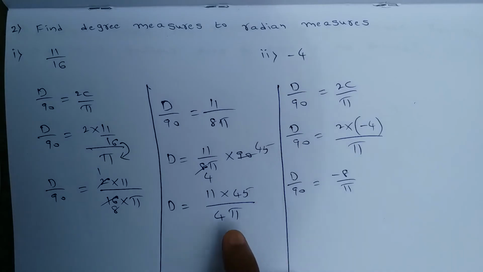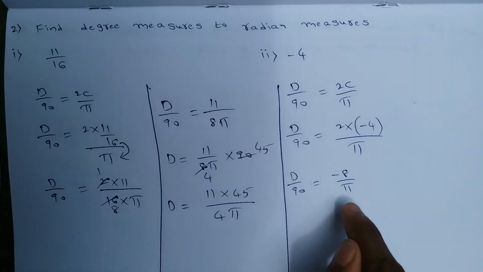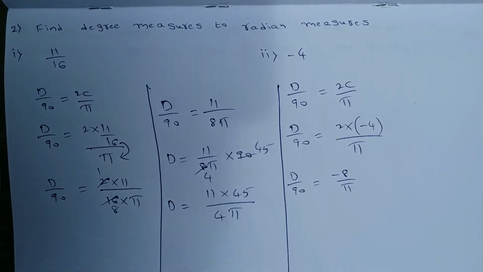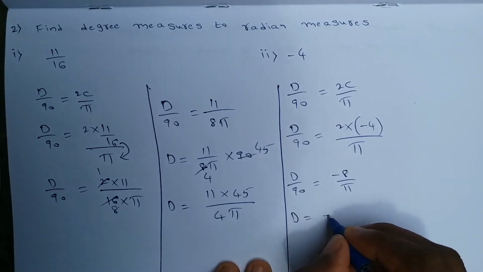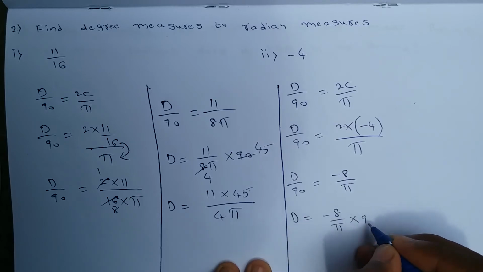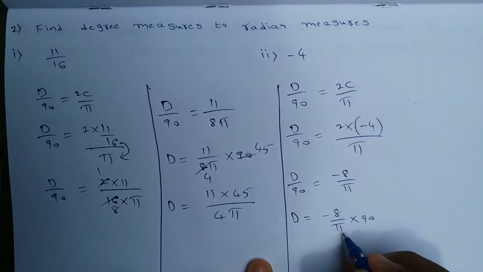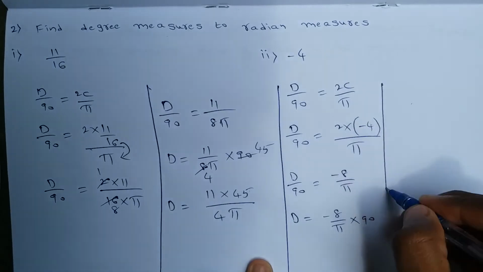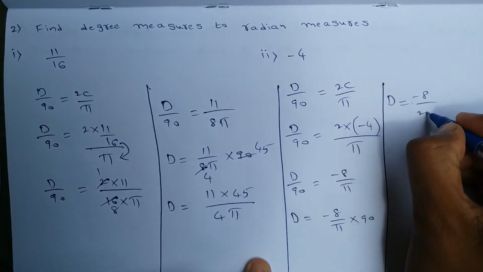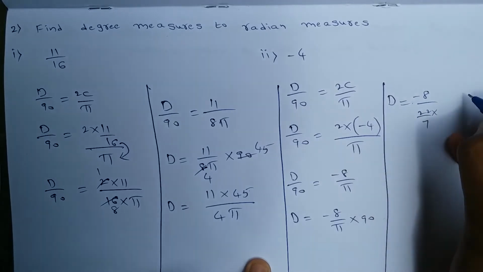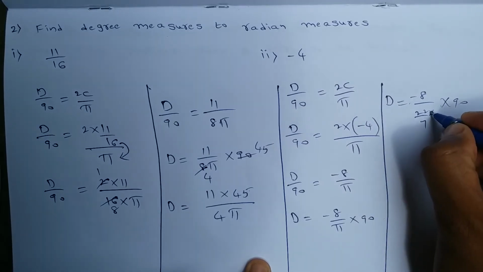Now, in the previous problem, I didn't take the pi value as 22 by 7. Now I am substituting the pi value here. Let me check that also now. This 90 also I will take to that side. D is equal to minus 8 by pi into 90. In the place of pi, I will substitute 22 by 7. So we get d is equal to minus 8 by 22 by 7 into 90.